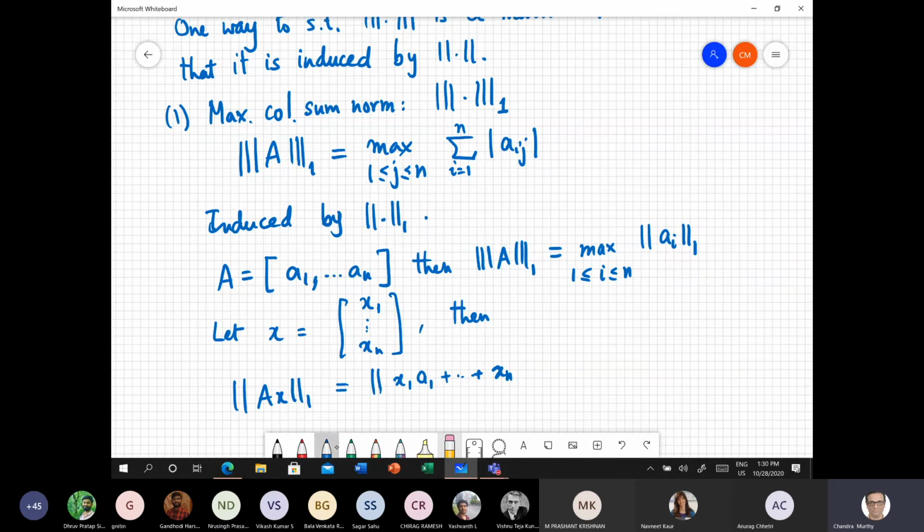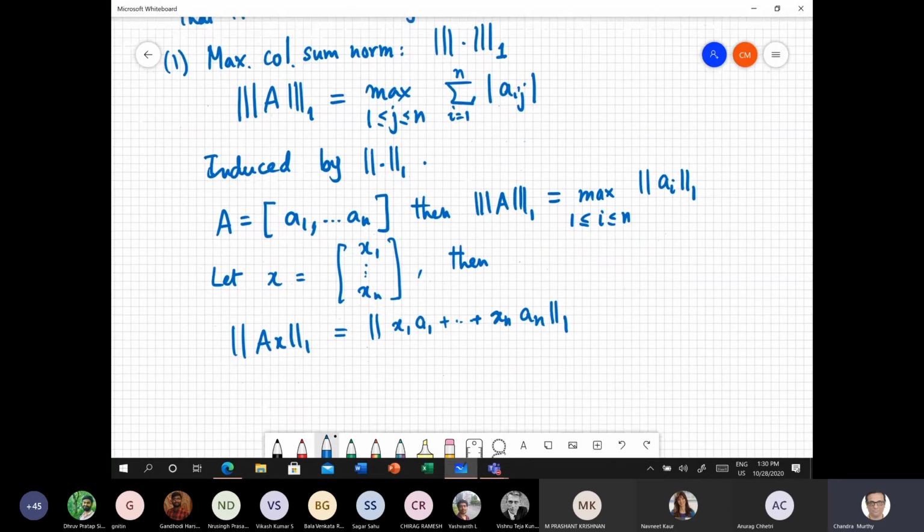The entries of this vector x multiply the corresponding columns of A. And this in turn is less than or equal to, using the triangle inequality, the sum for i equal to 1 to n of the L1 norm of xi ai. I've just taken the norm inside the summation, that's the triangle inequality, which is equal to, now xi is a scalar here, so I can pull that out, the sum for i equal to 1 to n of mod xi times the L1 norm of ai.